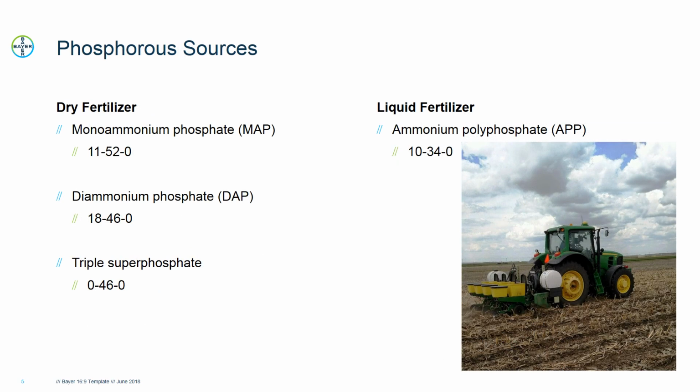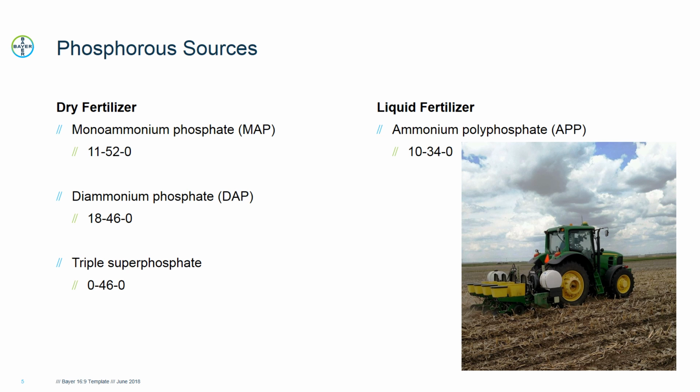Briefly, we will cover some common phosphorus fertilizers broken into 2 categories, dry and liquid. In the dry category, we have monoammonium phosphate, or 11-52-0. Again, by weight, 52% of that product is P2O5. Our second dry source is diammonium phosphate, or 18-46-0.